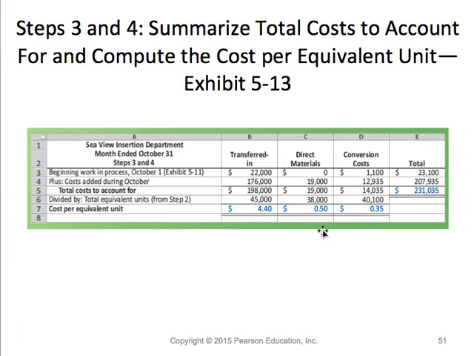So we're going to summarize total cost to account for and compute the cost per equivalent unit. It's a very simple calculation: total dollar values divided by total units, and you get unit costs for direct materials, transferred in, and conversion costs, and then you can get a total.